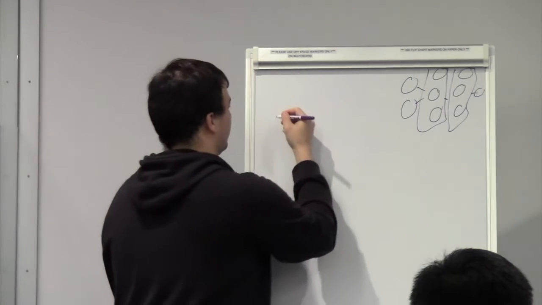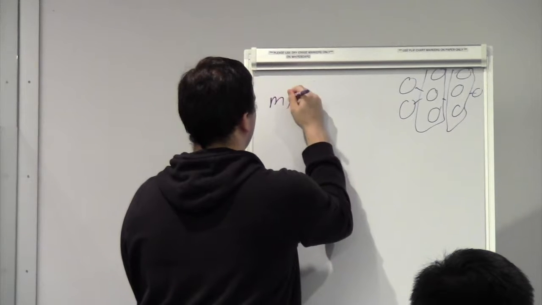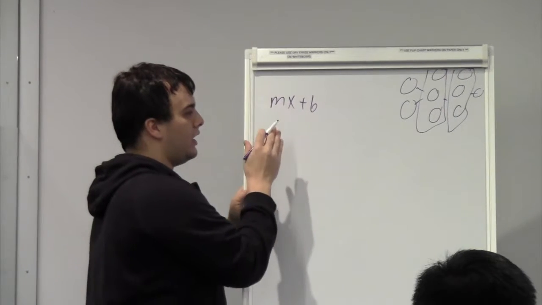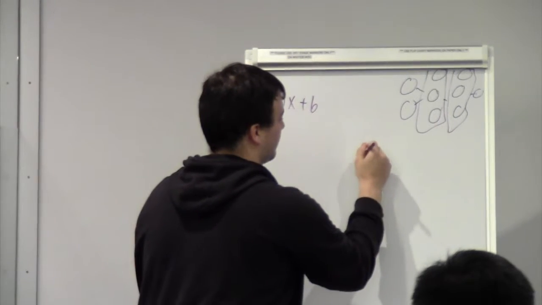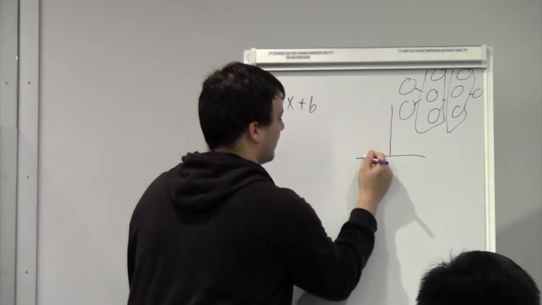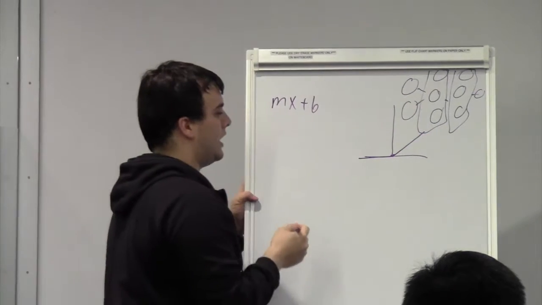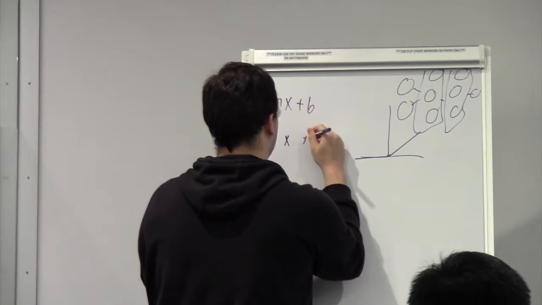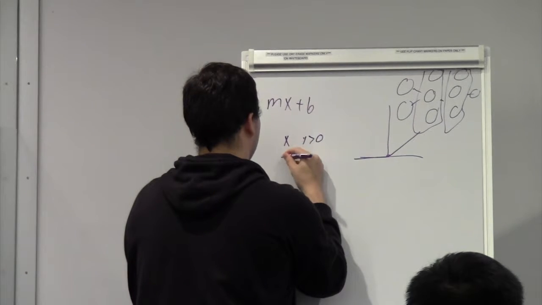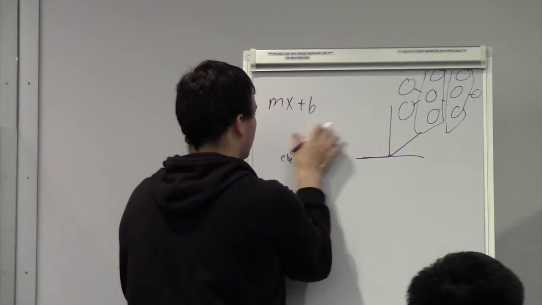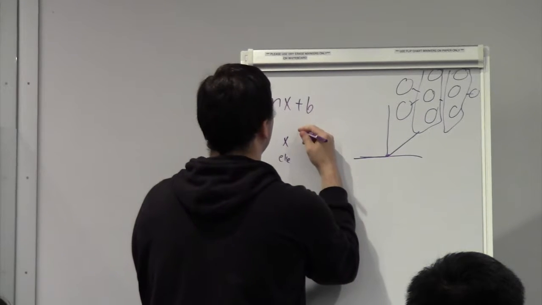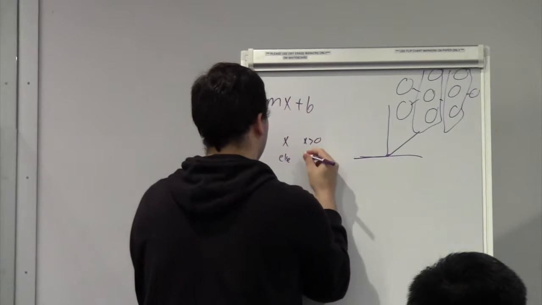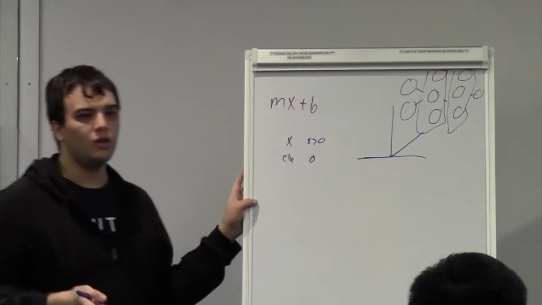We take mx plus b, and then we pass this through a new function, and the graph is going to look like this: x where y is greater than 0, else 0.